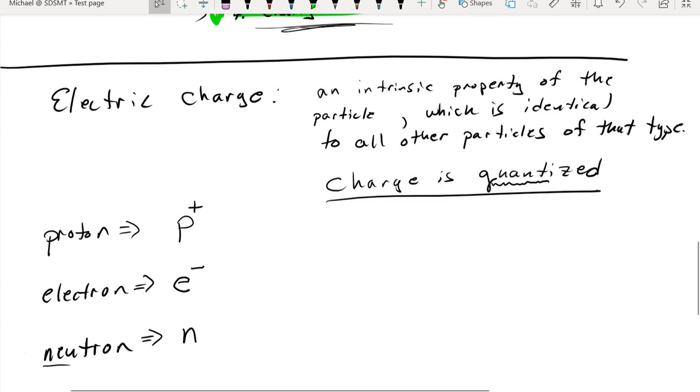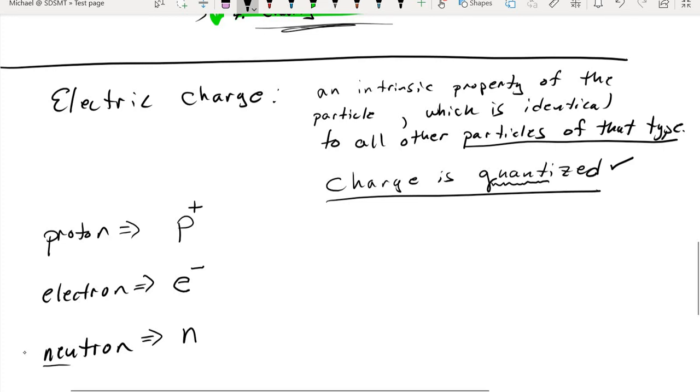So really what all of this definition means is that every proton in the universe, so every particle of the same type, has to have the same amount of charge. So every proton in the universe has to have a charge of positive 1 quantity.